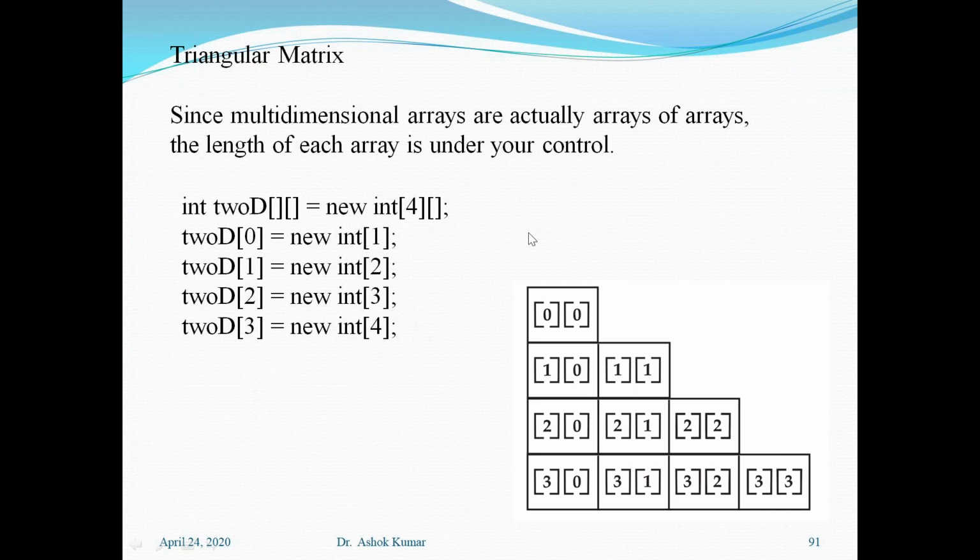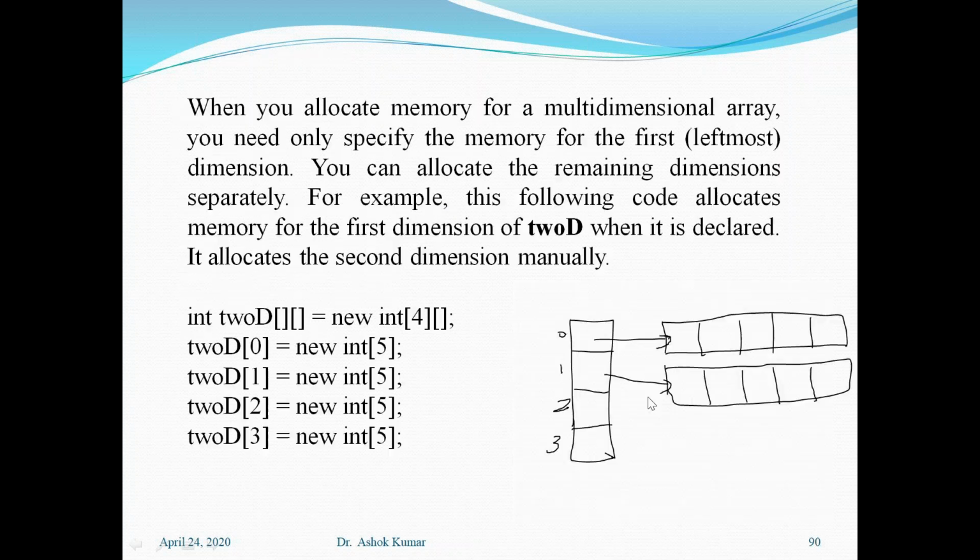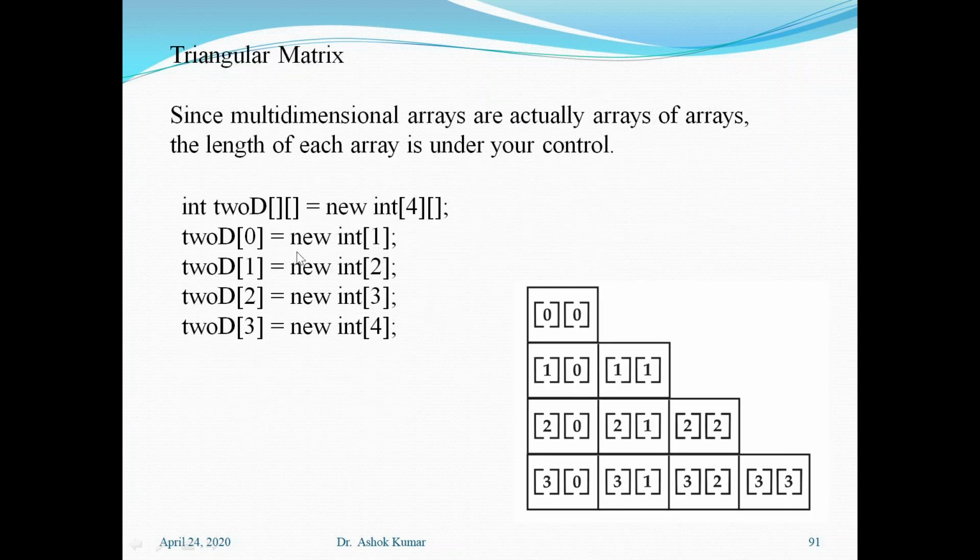So first we create an array with only one subscript that we are creating over here. So it's a 4 row array, and for every row, as we discussed in the previous slide, for every element, for 2D0, 2D1, 2D2 and 2D3, you need to allocate the memory.